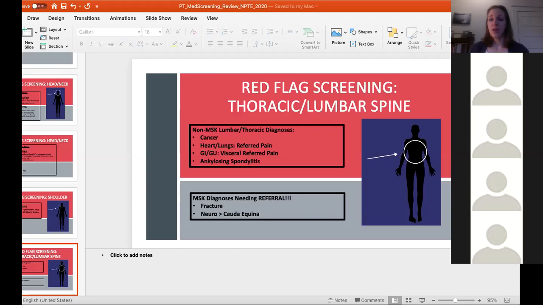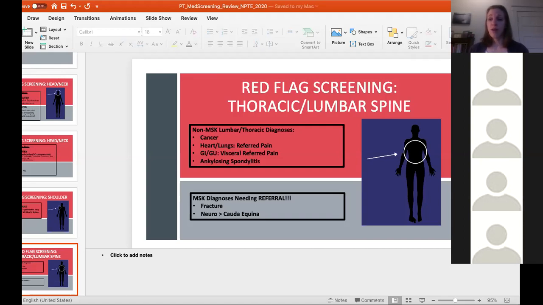And so screening for thoracic metastatic cancer is an important thing to keep in mind. So we do want to do that. I have a separate slide on risk factors for cancer, so I'm going to wait on that one. We do also want to screen for heart and lung referred pain within the thoracic spine because regionally we're close by. GI and GU, you can have visceral referral pain, like we've talked about.